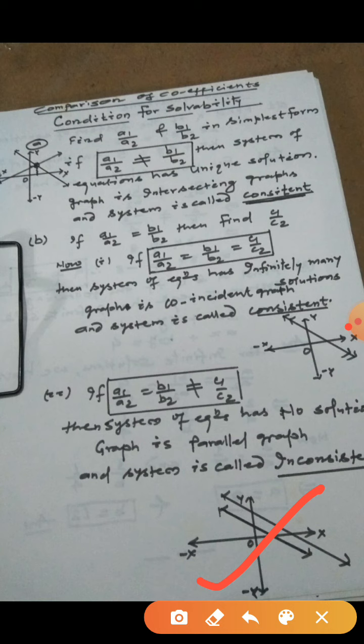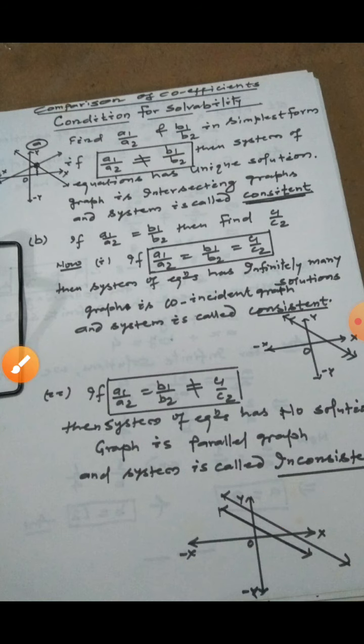One line is for one equation and another line comes parallel to the first. In such a situation we get parallel graphs, and since there is no solution, we say that the system is inconsistent. Okay students, all these three conditions we must memorize.